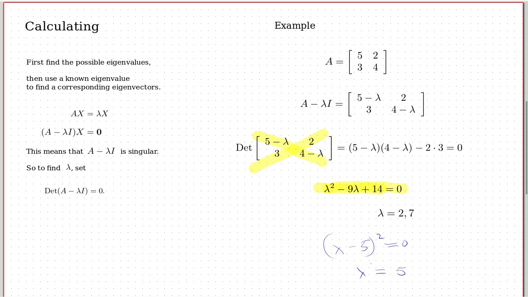And then things actually get a little ickier, maybe, and not all the theory we're going to talk about will hold true. However, the chance of this happening is basically 0. If you write down a random matrix, like a random 2 by 2 matrix like this, or even more so for a higher dimension square matrix, the probability that it's going to have a double eigenvalue like that is basically 0.